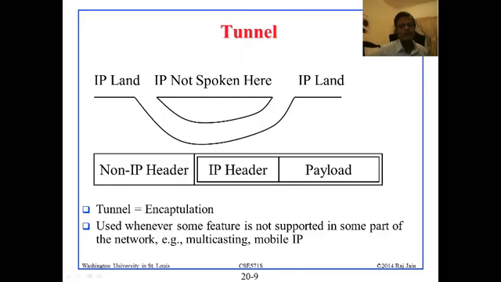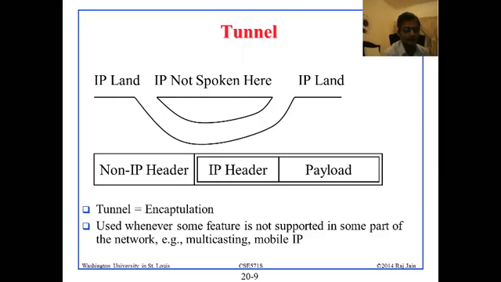So now we are going to talk about tunnel. The term tunnel, you probably already know, is another name for encapsulation. Tunnels are used in IP whenever you have to pass through a network where some feature of IP is not used.